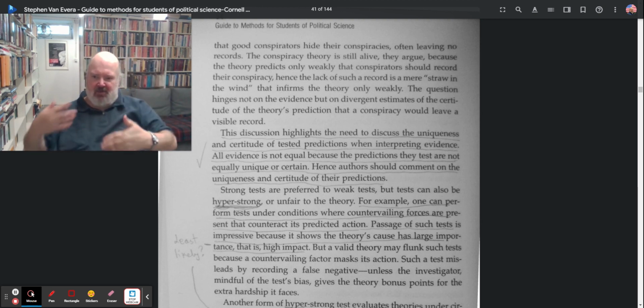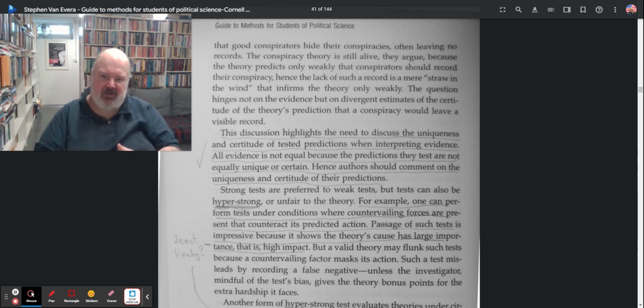In other words, when authors bring forward evidence to support their claims, and the testing they use to validate it, they need to show the strength of their evidence, how unique and how certain the test is. A claim uses evidence as a kind of test, right?